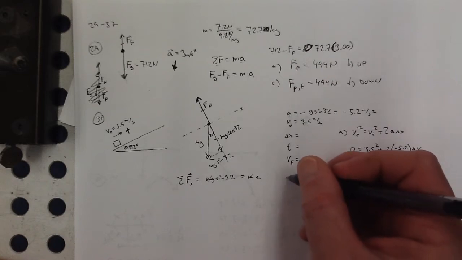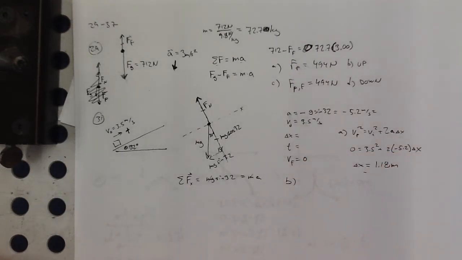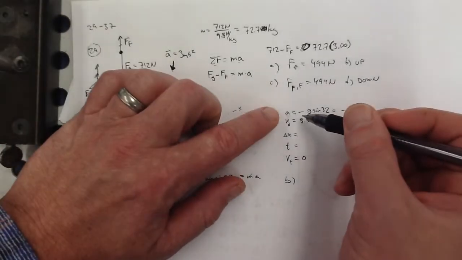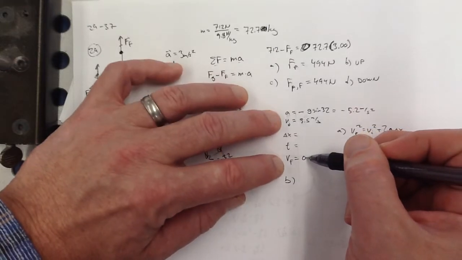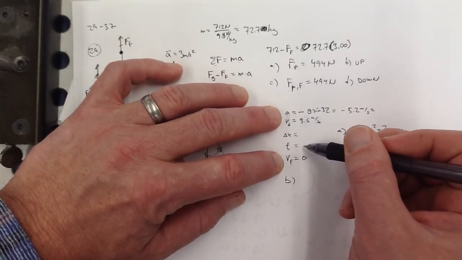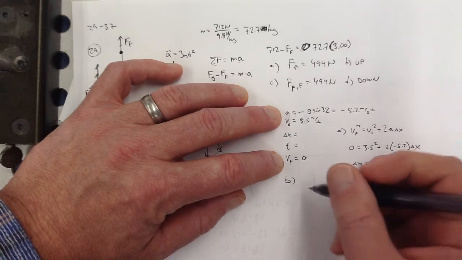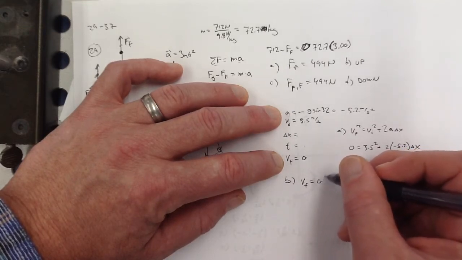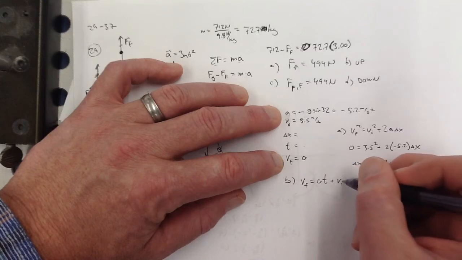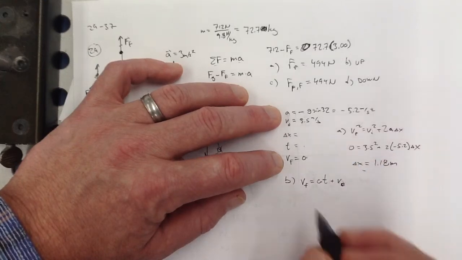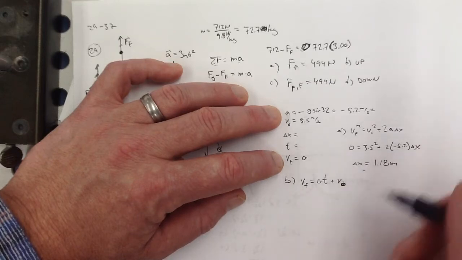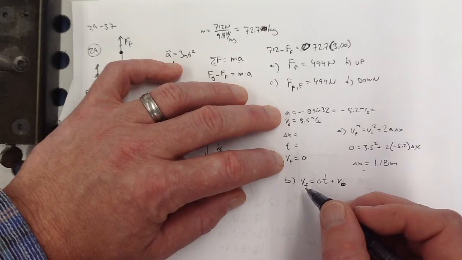And b, how long does it take? So let's see. If I have these three things, and I want to know the time, that is just that equation for the straight line on a velocity-time graph, when we have constant acceleration.